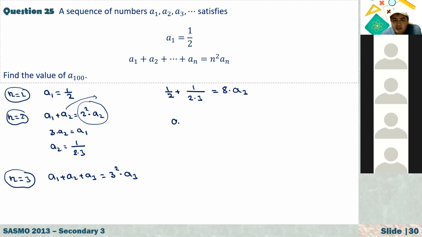So then a3 is equal to 1 over 8 times 1 over 2 plus 1 over 2 times 3.